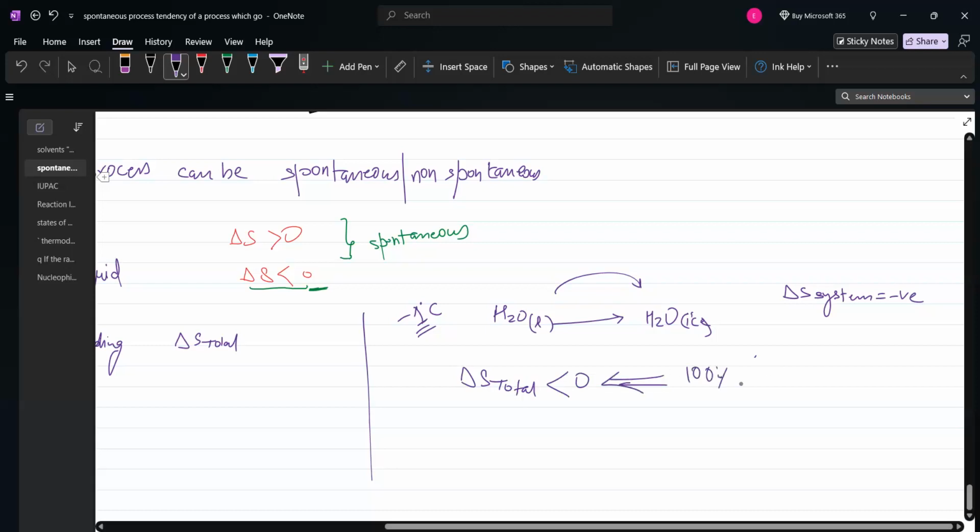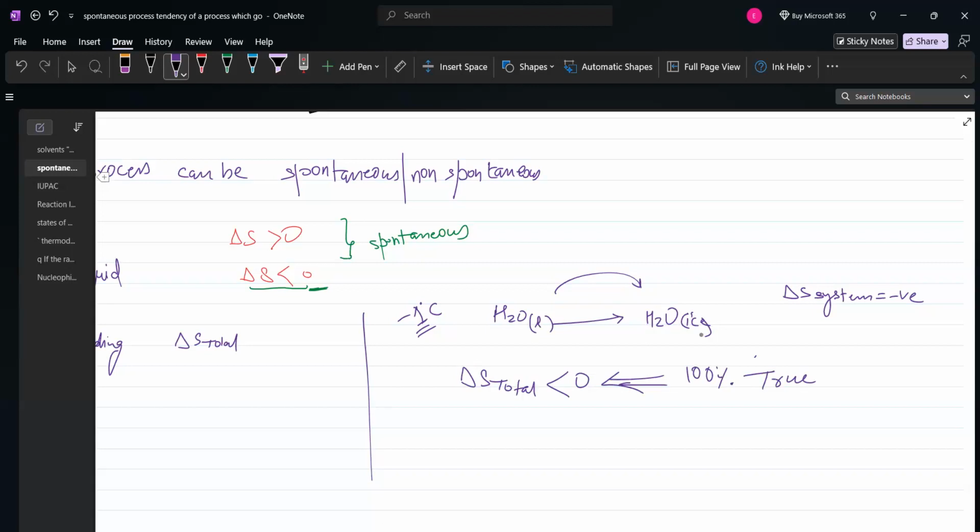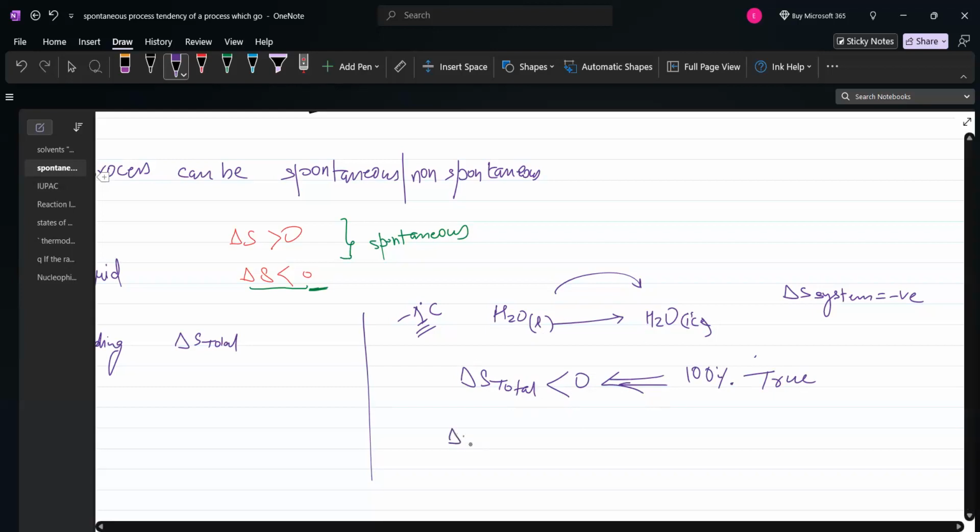So delta S total is actually delta S of system plus delta S of surrounding.